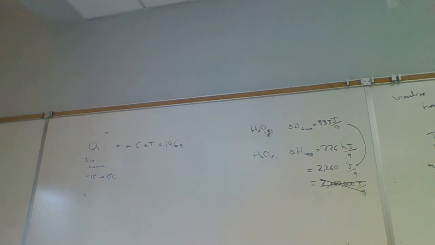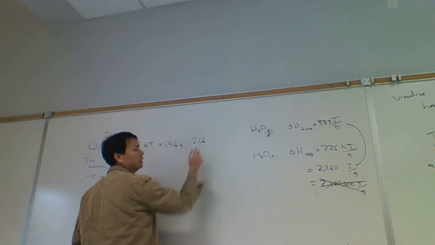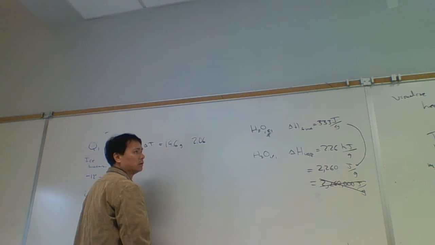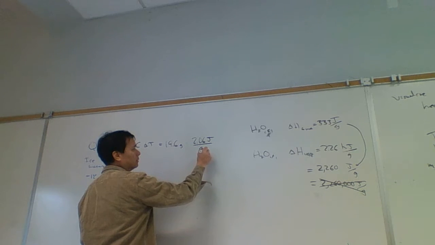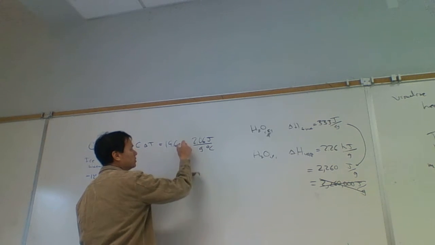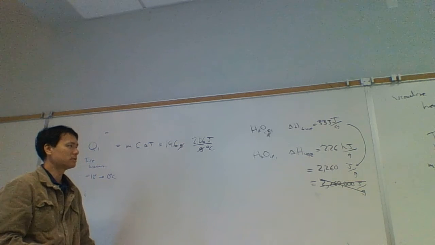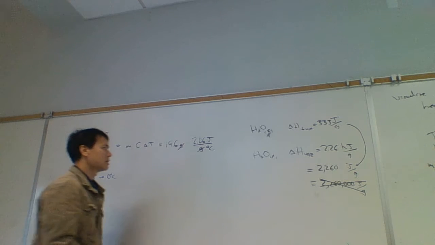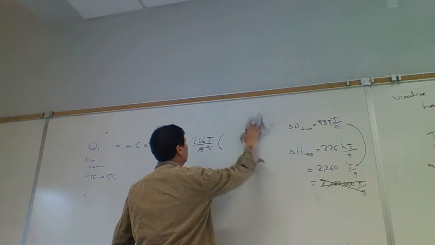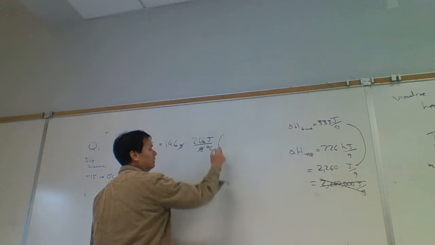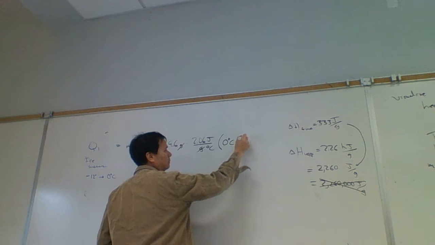Yeah, 2.06. So times 2.06, the units? Joules per gram degrees Celsius. And so here the grams cancel. The only thing left to cancel is degrees Celsius. If we've got to cancel degrees Celsius, we need T final minus T initial, or delta T. So what is T final? What is T initial?